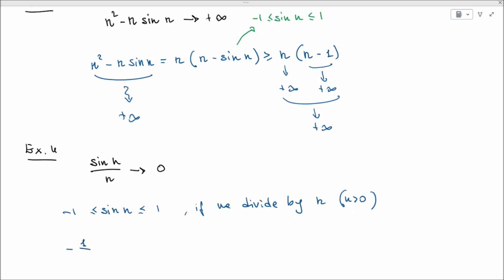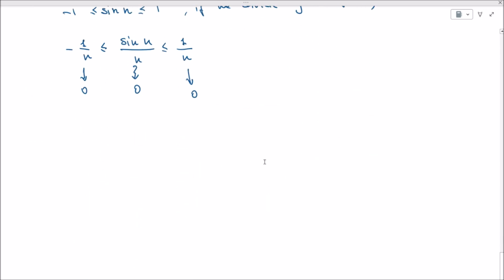We have minus 1 over n less than or equal to sine of n divided by n less than or equal to 1 over n. And now, because this will go to 0, this will go to 0, by the squeeze theorem, once again, we have the sine of n divided by n tends to 0.